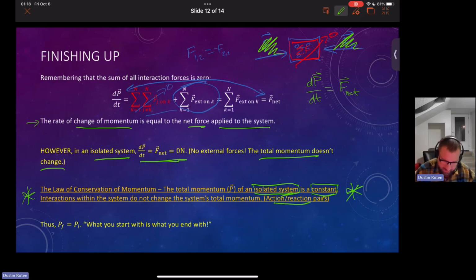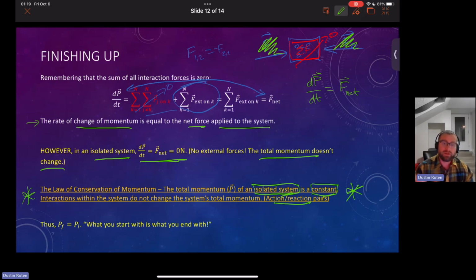And that's because we've got those action-reaction pairs. So this is super useful if you're launching satellites or doing things in space. You always have to think about the conservation of momentum. It's also something that you can use in a little bit. We'll talk about rocket thrust, and that's a whole conservation idea.